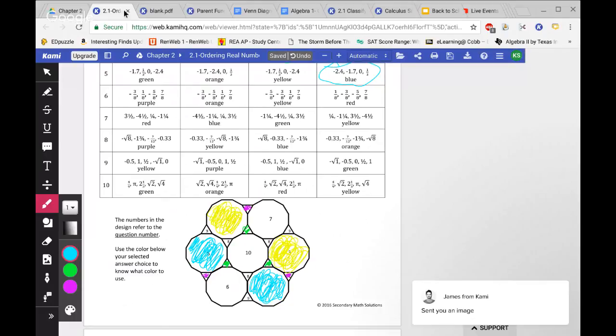Okay. So now number 6. The good news about this one, it's a lot of fractions, but the great news is that they all have the same denominator. So we don't have to worry about getting a common denominator or actually turning it to a decimal since they all have the same denominator.